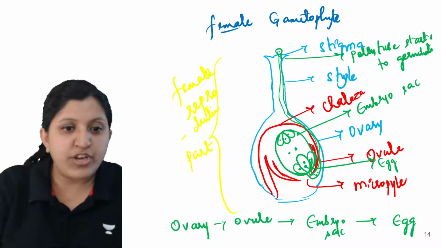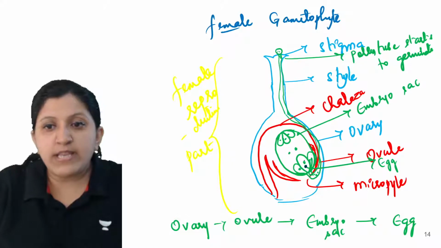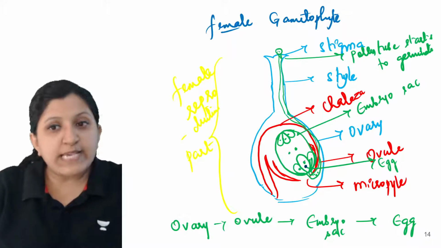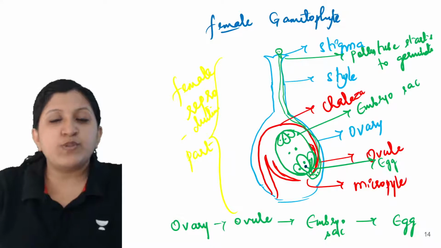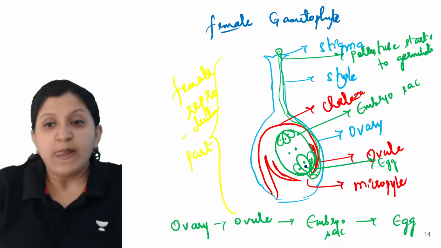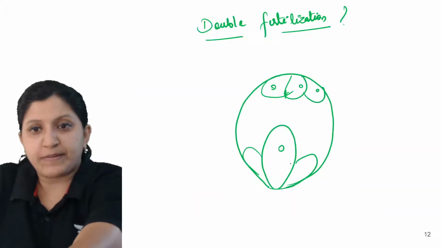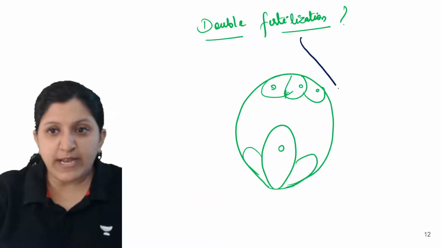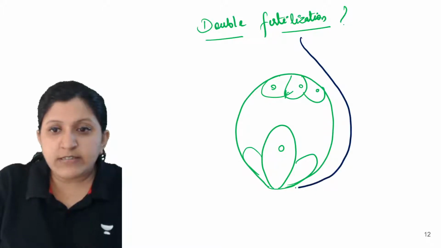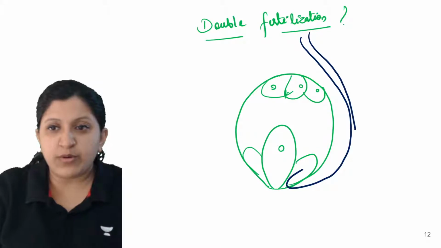Let's differentiate the male gamete with a different color. So now this one is a male gamete. So what has happened there? Through this particular pollen tube, fertilization is occurring. So this is fertilization number 1. So there is germination of the pollen tube, and it will enter this synergid cell through the micropylar opening.